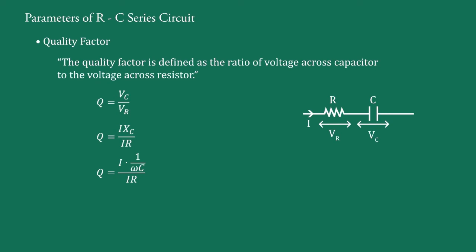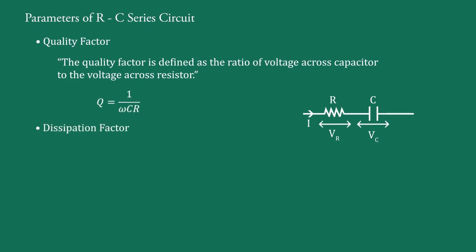Here we drop j because direction is not important. Now this I cancelled, and therefore Q equal to 1 upon omega C R. This is the quality factor for RC series circuit.